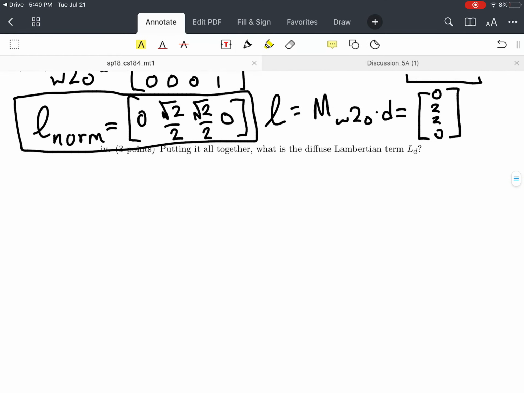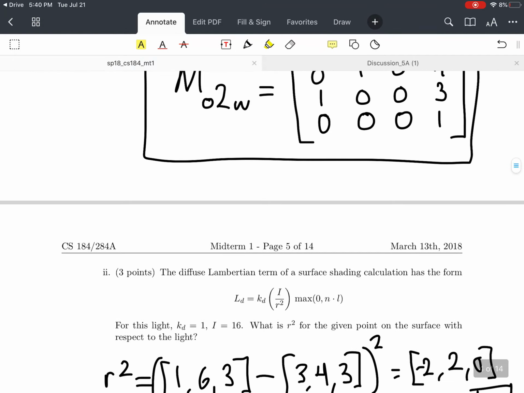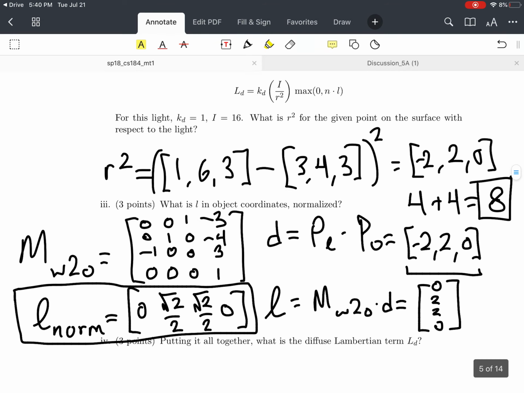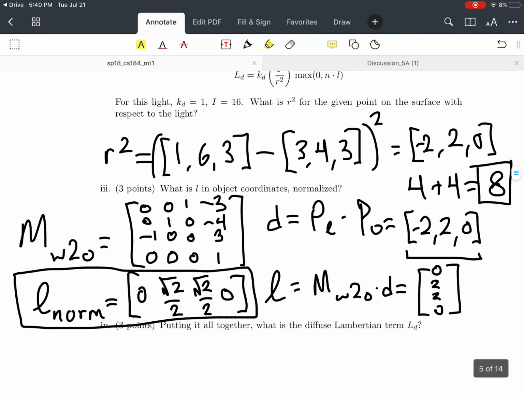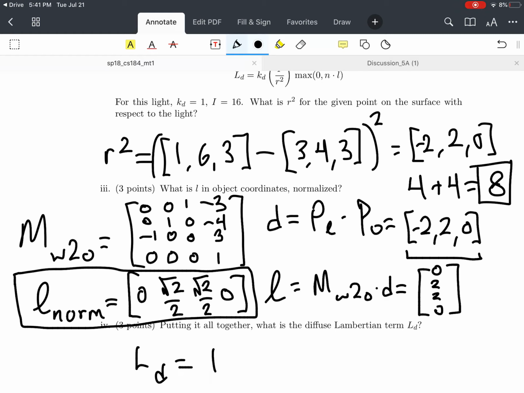Okay, so last question now, putting it all together, what's the diffuse term? We're basically just plugging into this equation. So KD is equal to 1, right? So LD is equal to 1 times I is 16, 16 over, oh sorry, that's my bad, actually. 8 is already R squared, so that's 8.